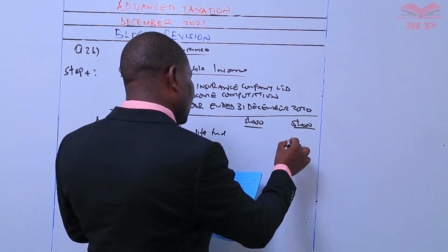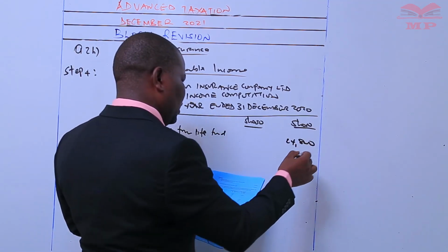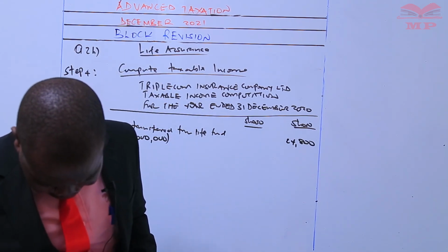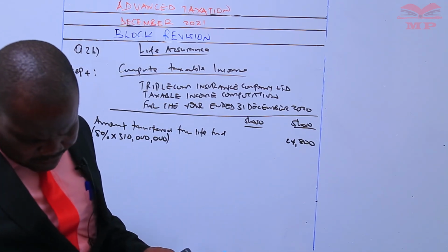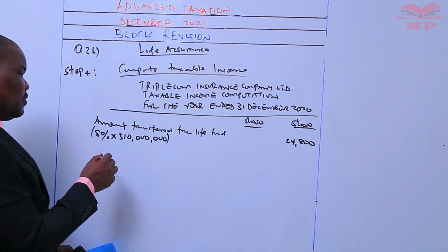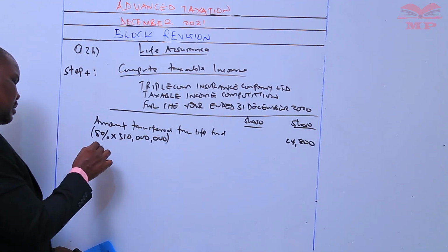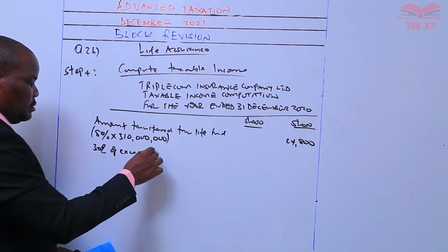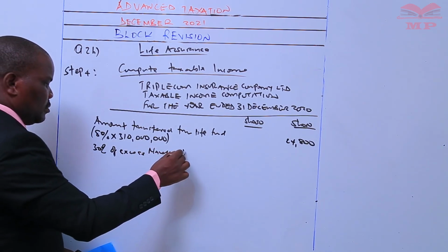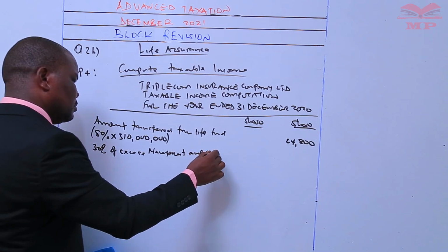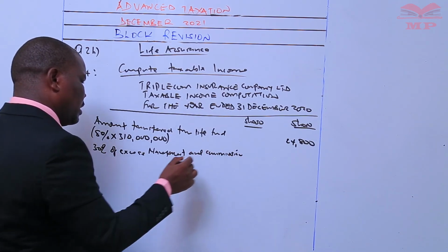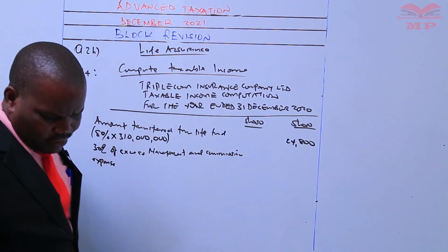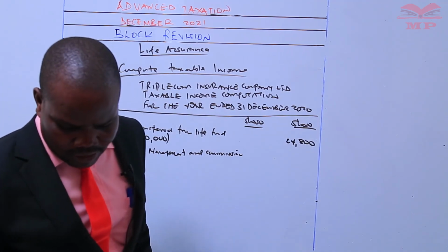We write here 24.8 million. 2, we have what we call 30% of excess management and commission expense. So we go back to step 3, where we computed the excess management and commission expense.